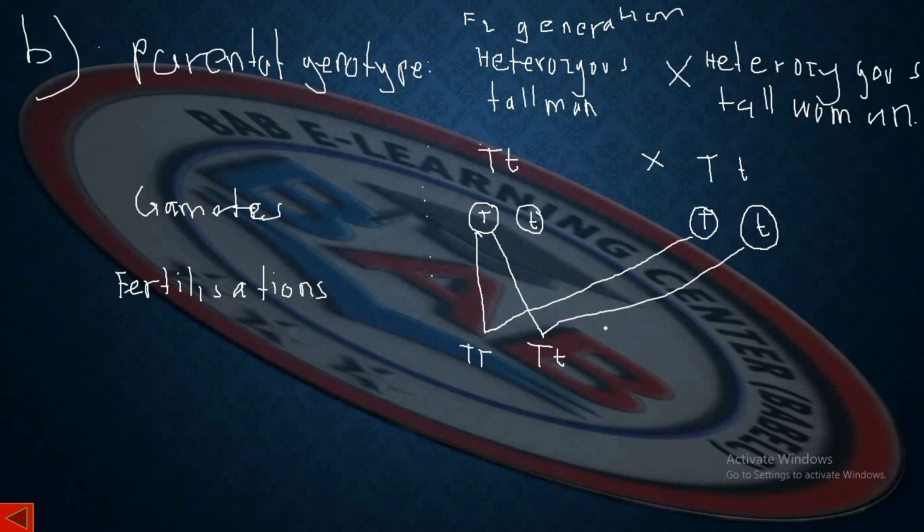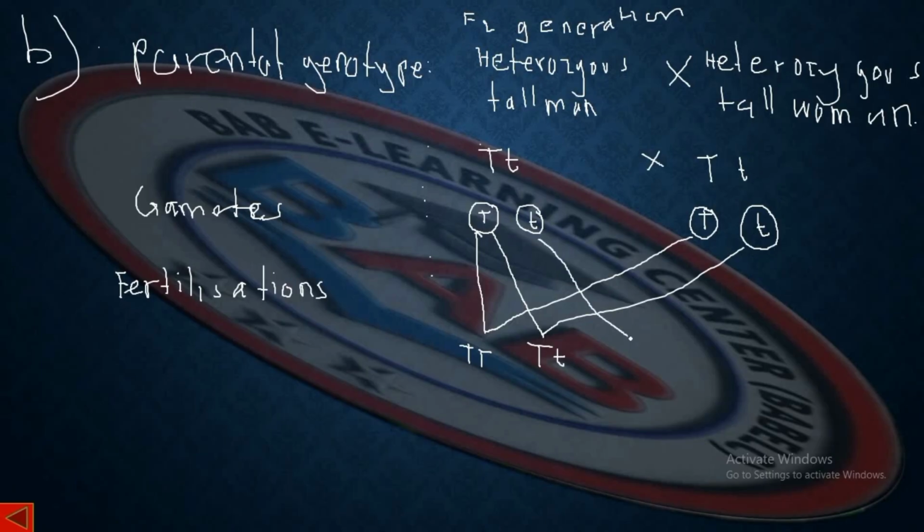This is heterozygous tall. Why? Because here the allele for tallness is dominant over the allele for shortness, which is recessive. Thus, it masks the effect of the allele for shortness, resulting in a tall offspring.